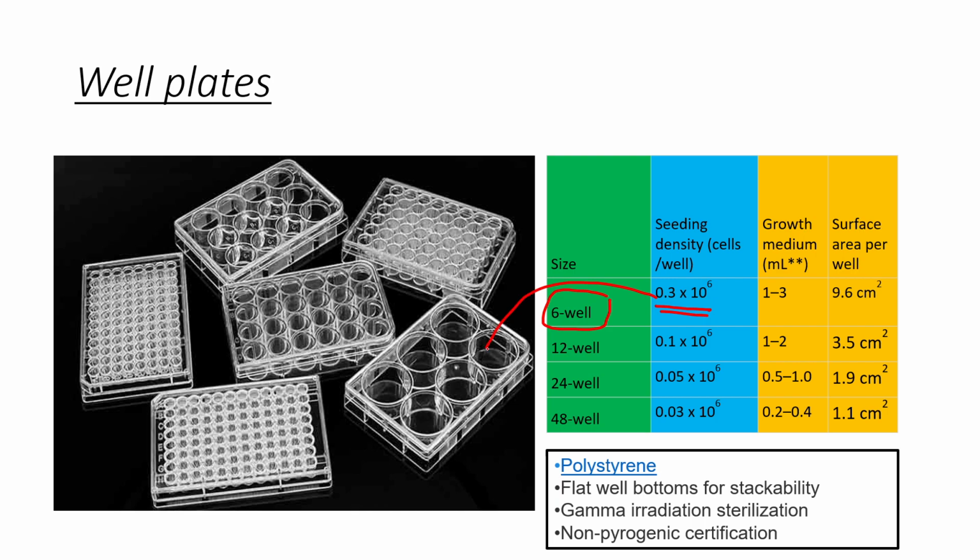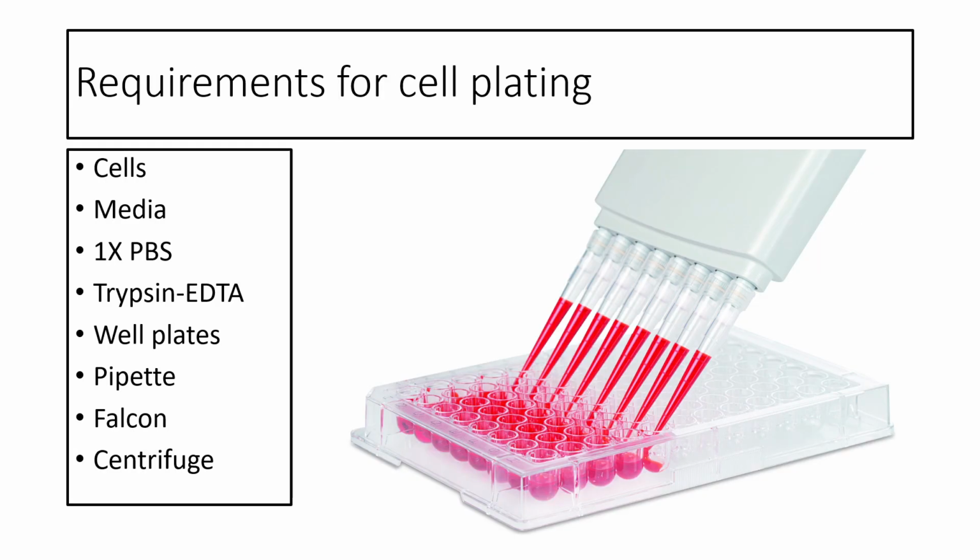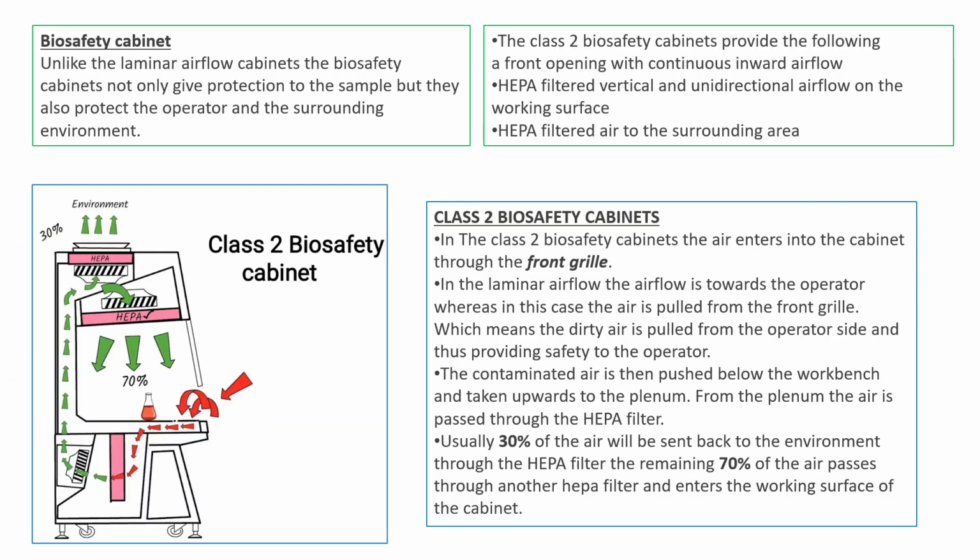So how much volume contains this number of cells? You can find this only if you count the number of cells. So this is highly used in cell culture while doing cell plating.